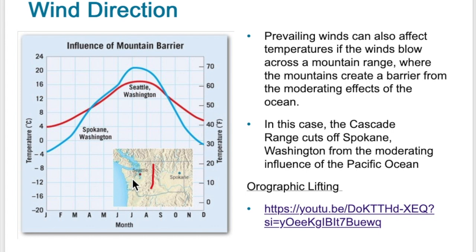So Seattle has the influence of the Pacific Ocean compared to Spokane here. And this is known as orographic lifting. So this is the windward side of the mountain, and this is the leeward side of the mountain range.